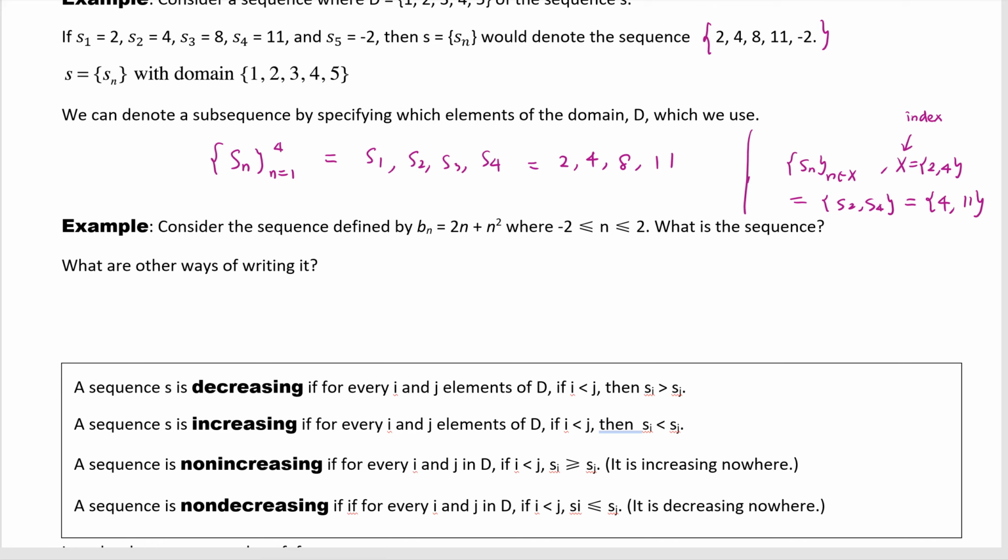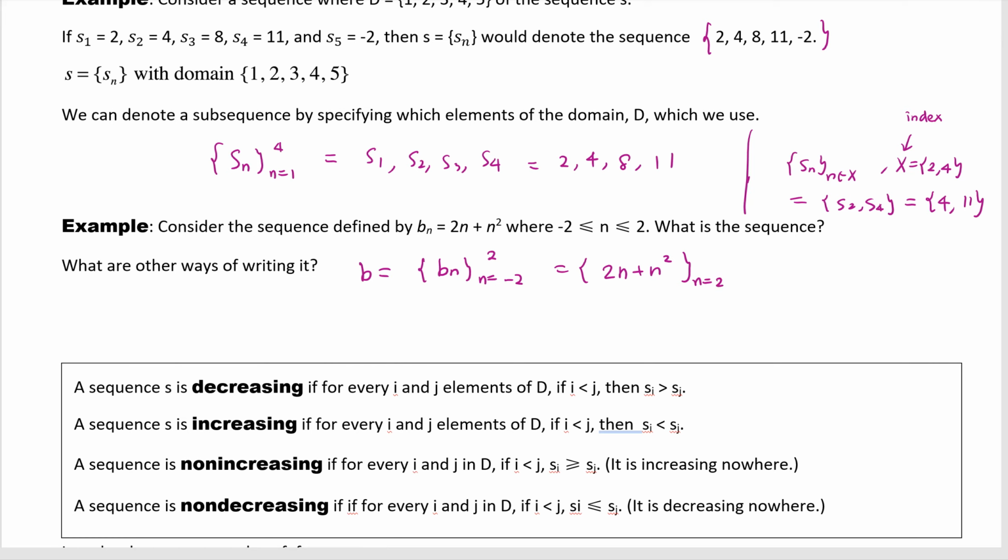In this case, the sequence B is {b_n}, where the index set, or usually the index set could be the domain, goes from -2 to 2. So b_n is 2n plus n squared, and n goes from -2 to 2.